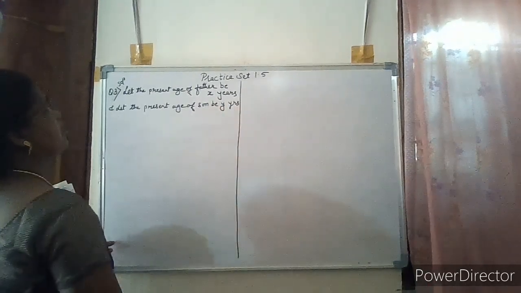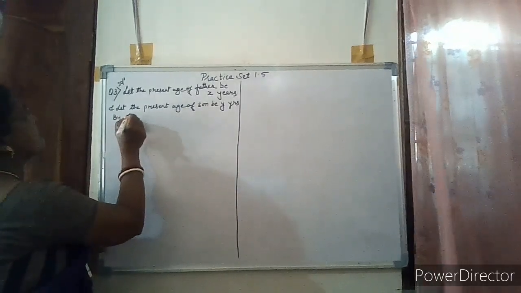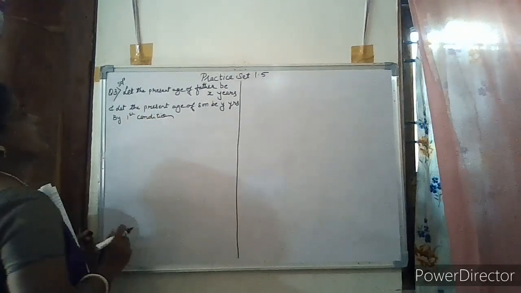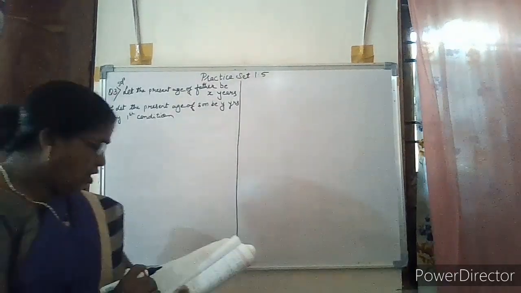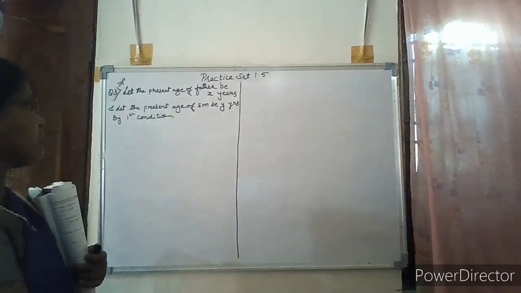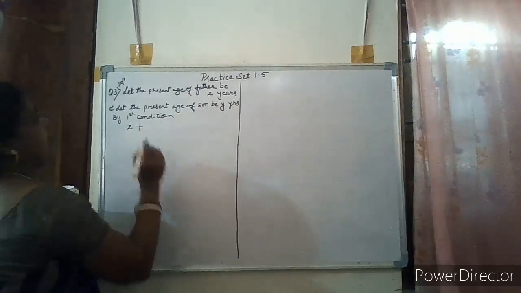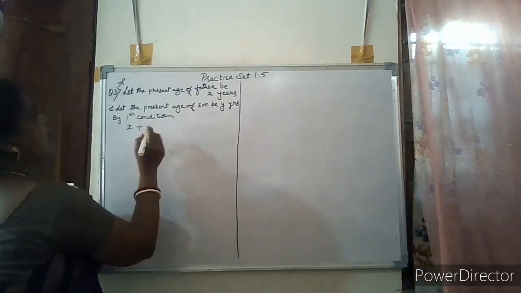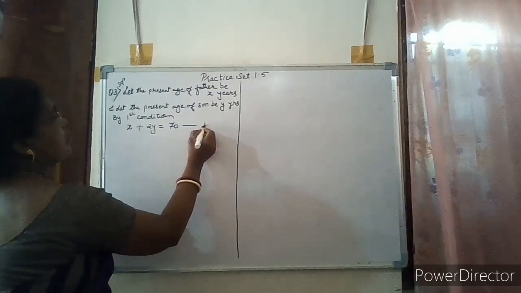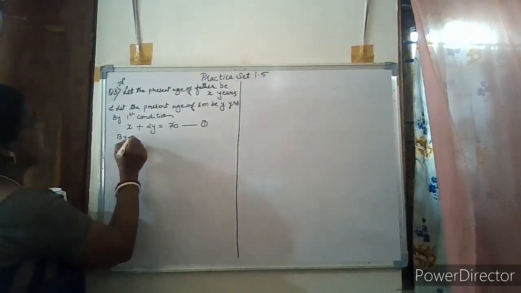In short, I have written. Okay. By the first condition, it is given the sum of the father's age and twice the age of the son. Father's age is X years plus twice the age of the son, means 2Y, is equal to 70. This forms equation 1.